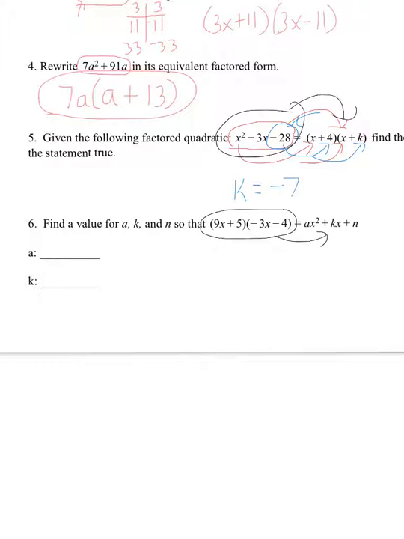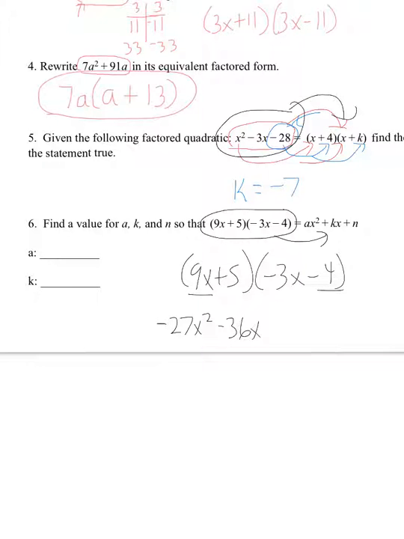So if I take these two terms, 9x plus 5 and negative 3x minus 4, and I multiply them, I get negative 27x squared minus 36x. I'm distributing here, so if you don't know where that 36x comes from, that's the 9x times the negative 4 over here. Okay, then I'm going to distribute the 5 and get negative 15x and negative 20.